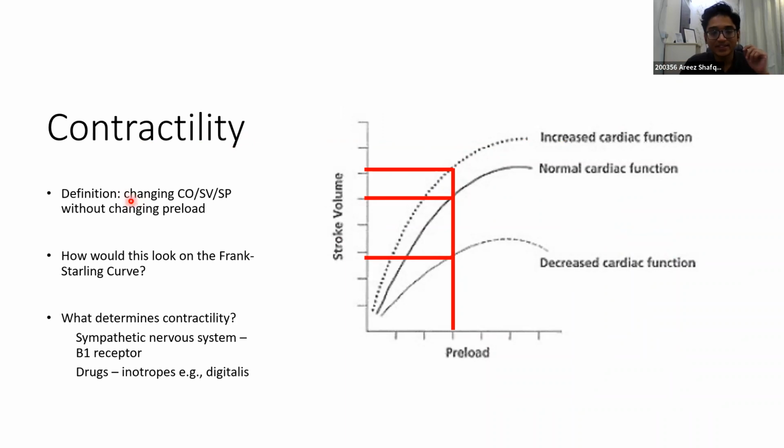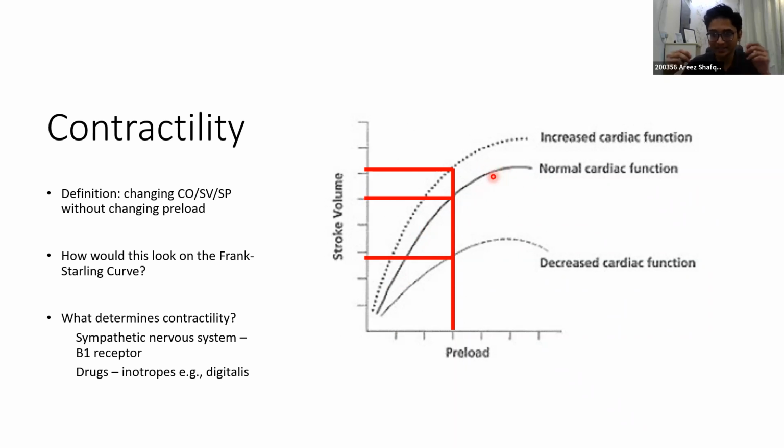Contractility is defined as changing cardiac output or stroke volume, the measure of systolic function, without changing preload, okay? So, for example, if this is preload here, this is the amount of volume in the ventricle. If I'm going along this normal cardiac function curve, for example, from this point to this point, preload increases, stroke volume increases.